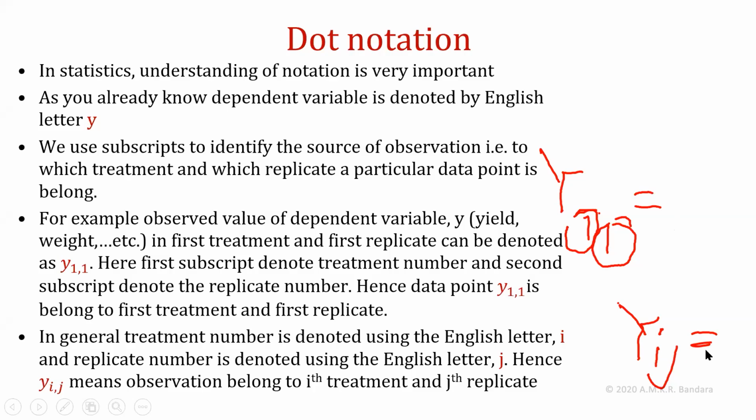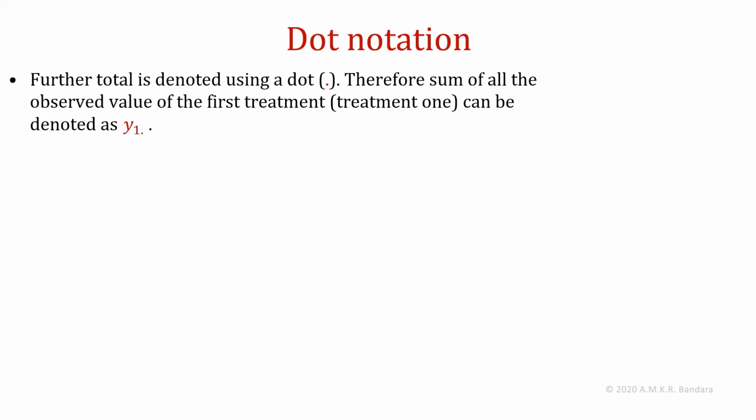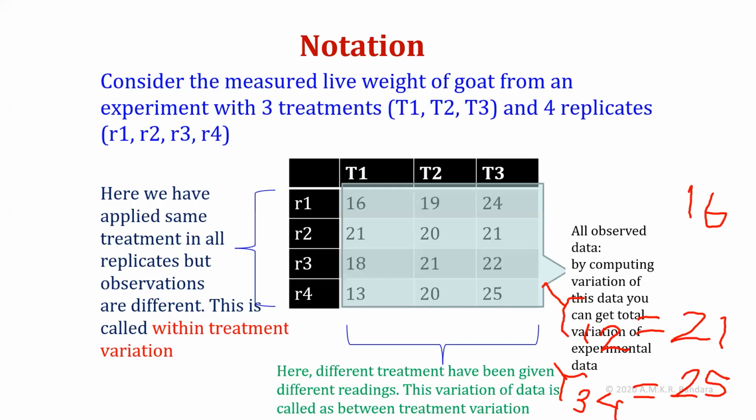Likewise, assume we want to denote the total of the first treatment. I can denote it as Y, with 1 for the first treatment, and a dot: Y1 dot.